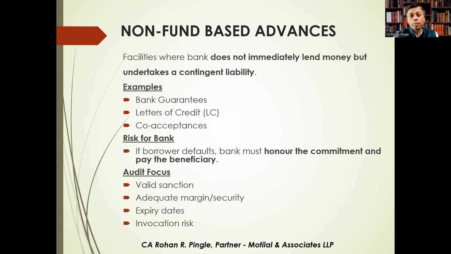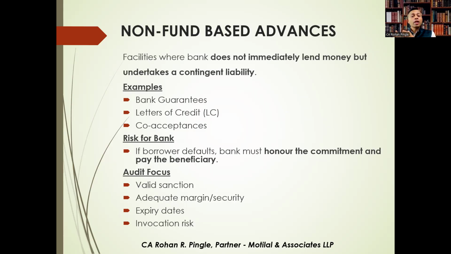So here risk for the bank is, if the borrower defaults, the bank must honor the commitment and pay to the beneficiary. So our audit focus should be valid sanction, adequate margin, expiry dates, invocation risks that need to be taken care of. So the non-fund based facilities appear as contingent liabilities in the bank's balance sheet.